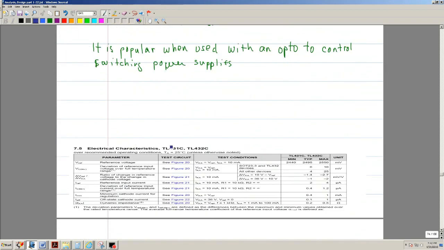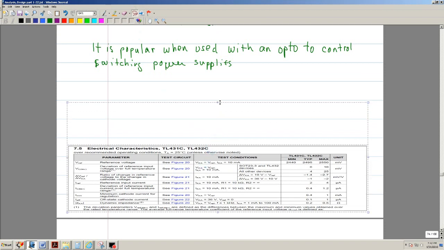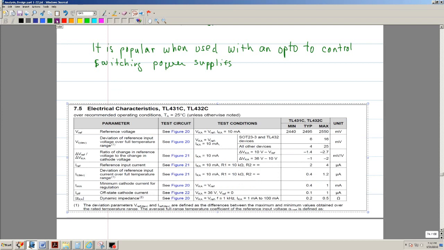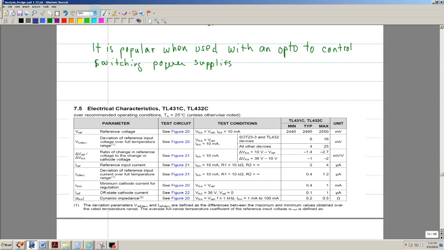This is the specification, and let me see if I can make this a little bit bigger so we can see this. The most important specification that you want to look up is this one, VREF, and VREF is 2.5 volts.